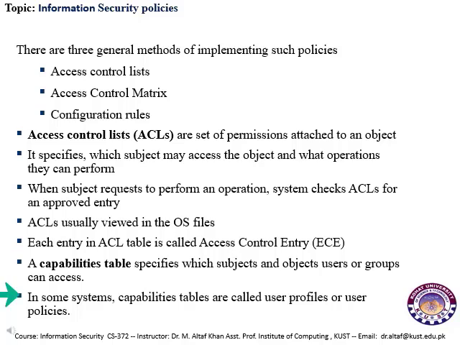In some systems, these capability tables are called user profiles or user policies. These specifications frequently take the form of a complex matrix rather than a simple list or table, and that complex matrix is known as access control matrix, which will be discussed in the next slide.